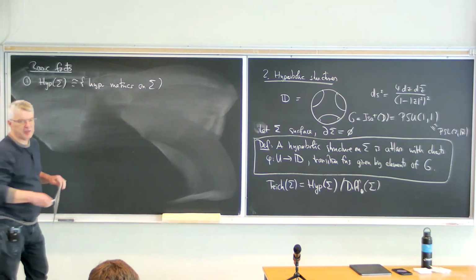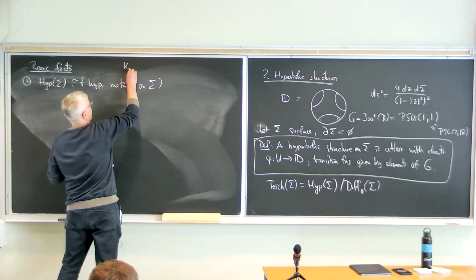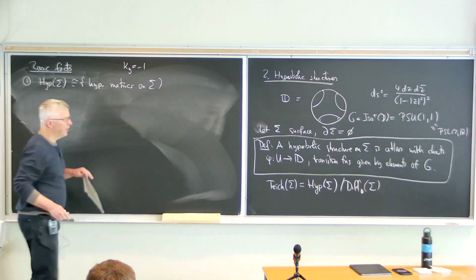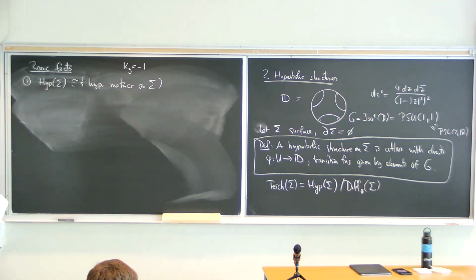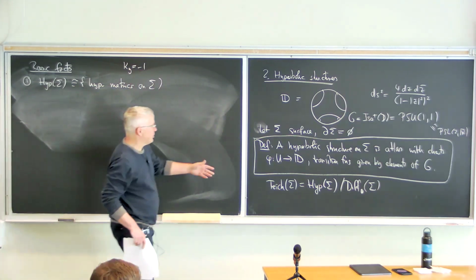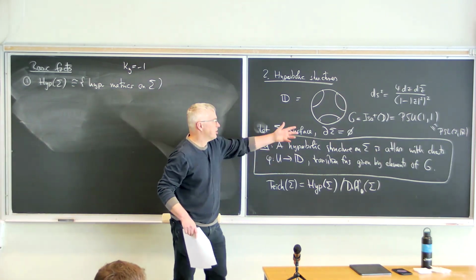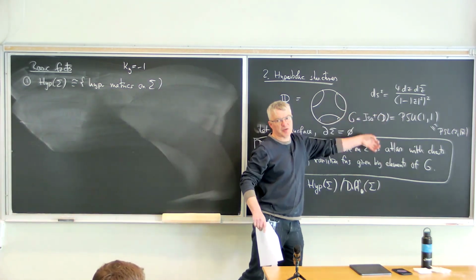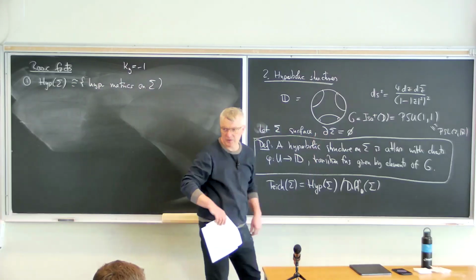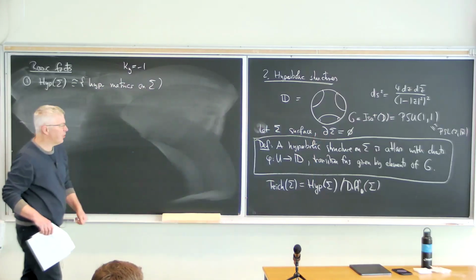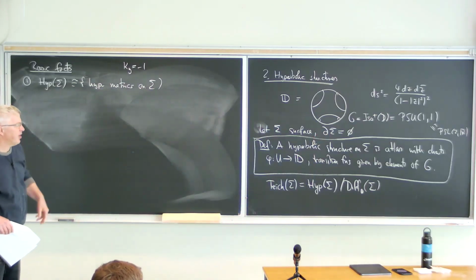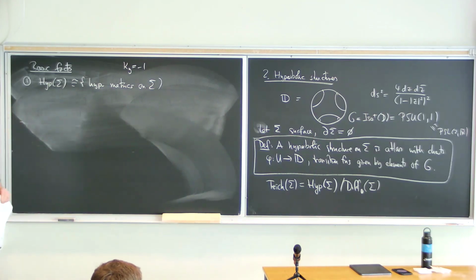So hyperbolic metric meaning Gauss curvature equals -1. Because using these charts, you can just transfer the metric from the Poincare disk over to the surface, and then they glue together. So the way I've defined it doesn't really require the metric, but that's one way of looking at it.